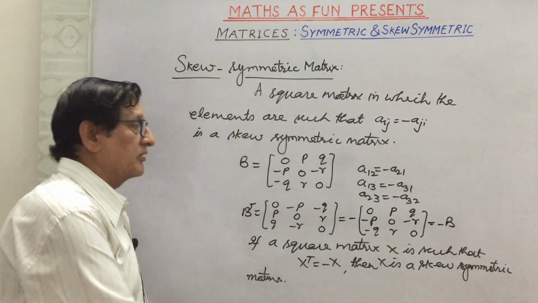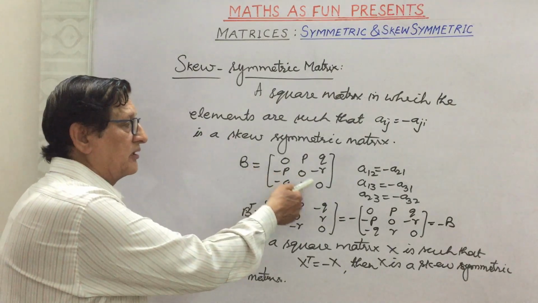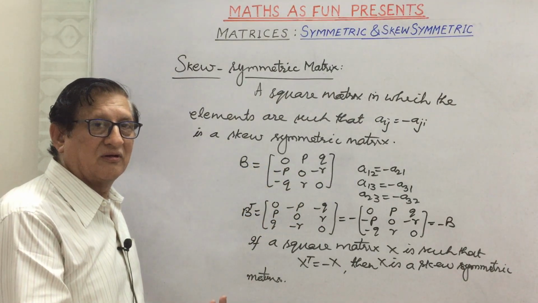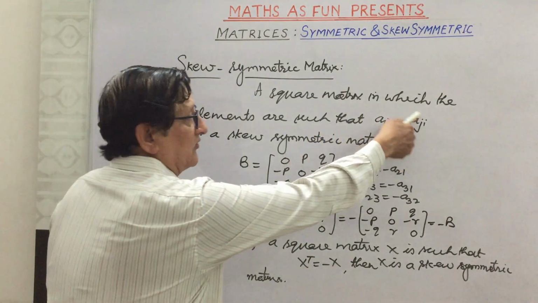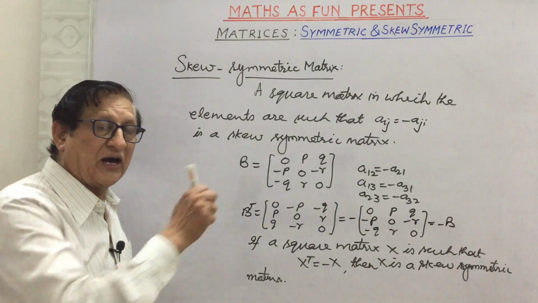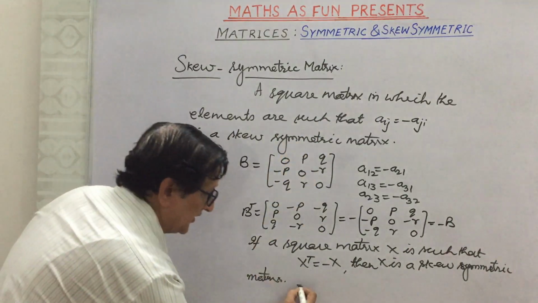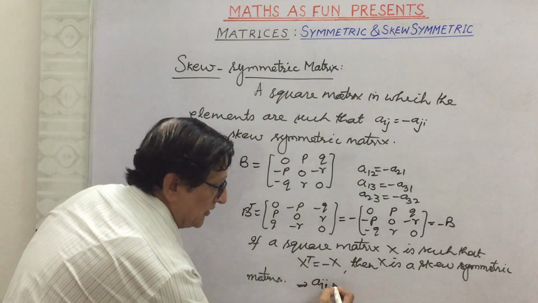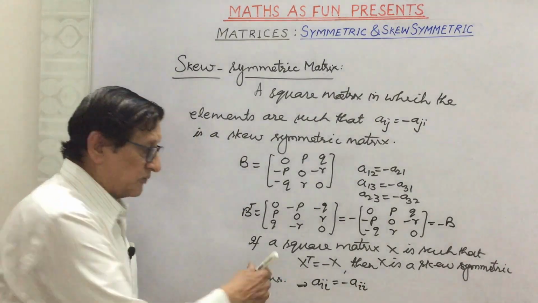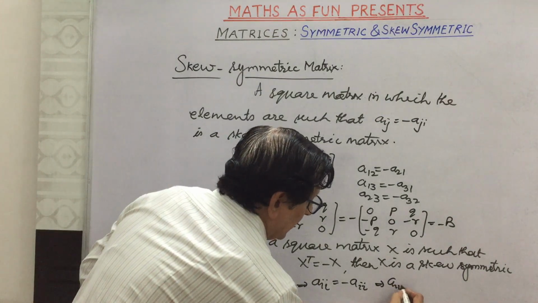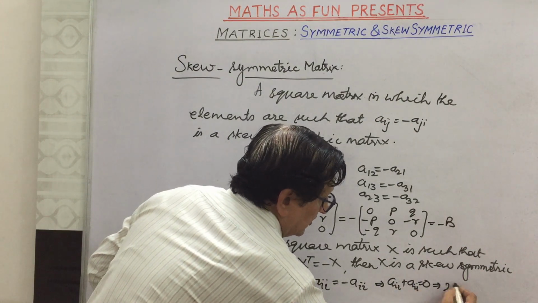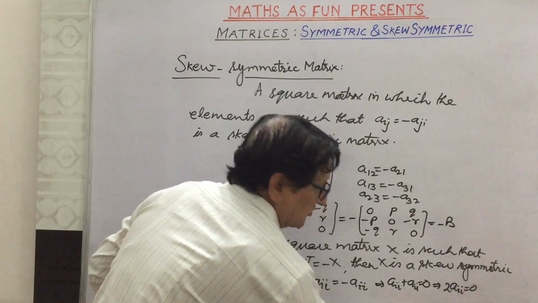Now we have to think that every element of the main diagonal here is 0. Why is it so? Let's learn it. See the property of the elements, it is aij equal to minus aji. If i and j are equal, it means aii is equal to minus aii. It means aii plus aii is equal to 0 or 2aii is equal to 0.